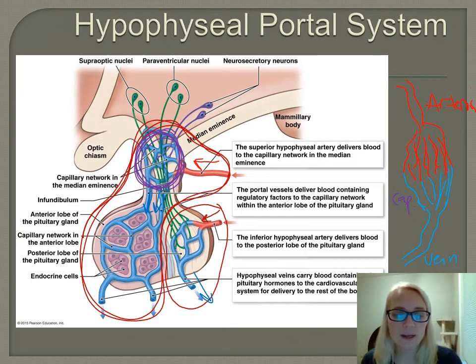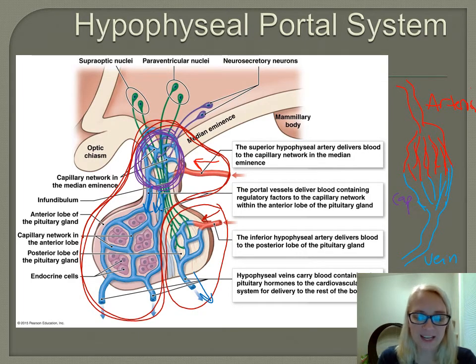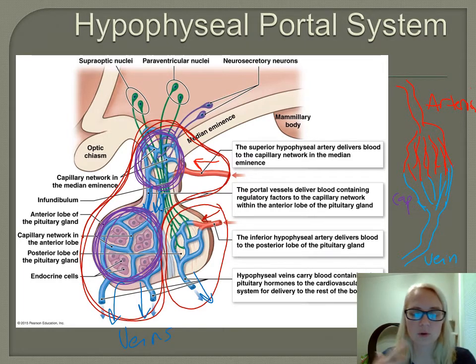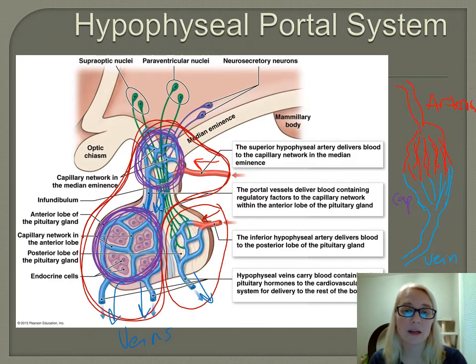Great, everything's good, but take a look at what happens again. Instead of draining into a vein that goes all the way back to the heart, it drains into another capillary bed, which I'm encircling in purple. Then it drains again to head to your circulatory system veins. So this is what's unique. It is a capillary bed draining into another capillary bed before it drains back into general circulation.